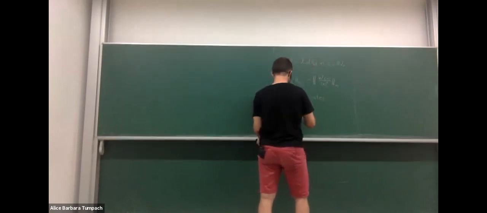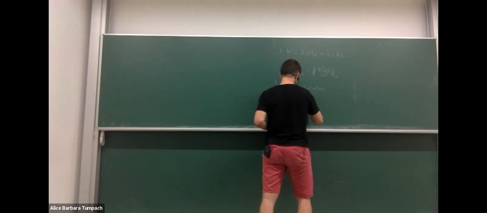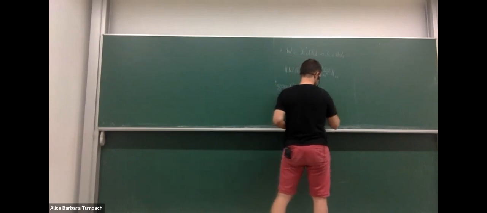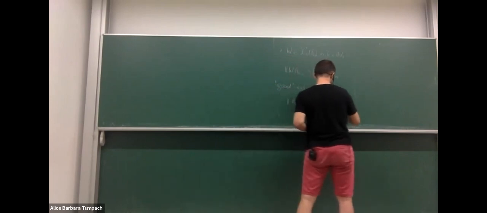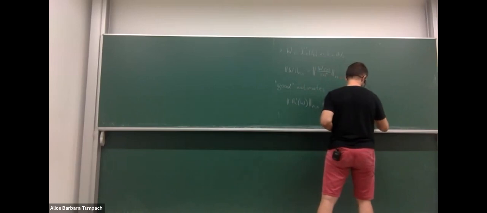Good estimate. We require our homotopy operators h_i of W. So the n,k norm of h_i of W should be bounded by some constant times the norm with n plus d in the first index, and then k plus d times n plus 1 in the second.